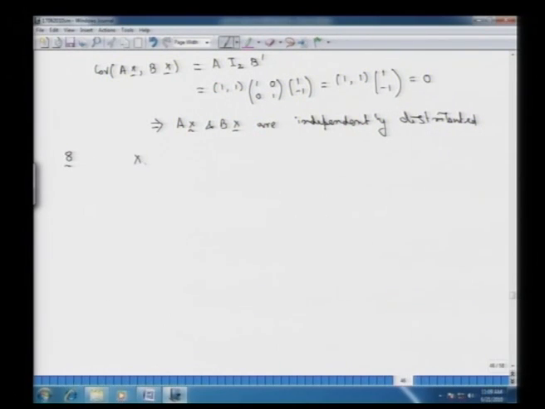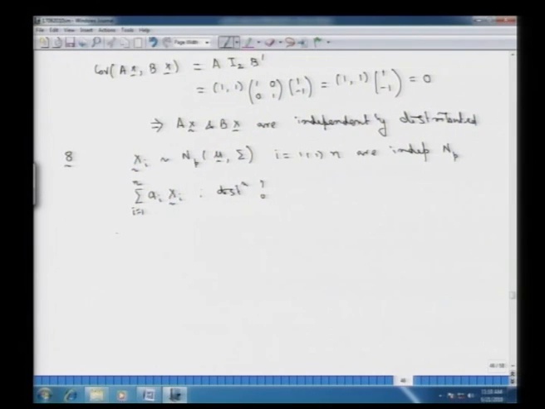Problem number 8 is: the xi's follow Np with mean vector mu and covariance matrix sigma, i equal to 1 up to n, are independent Np distributions. Now the quantity of interest is the summation of ai xi, i equal to 1 to n. So we are trying to find the distribution of this particular quantity, summation ai xi.